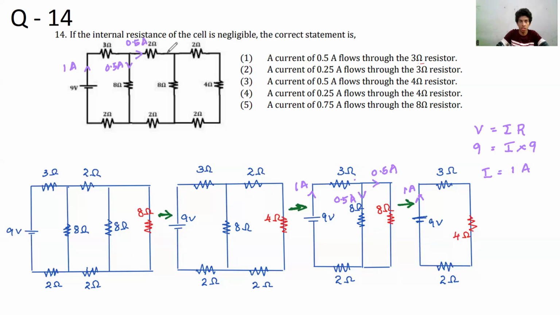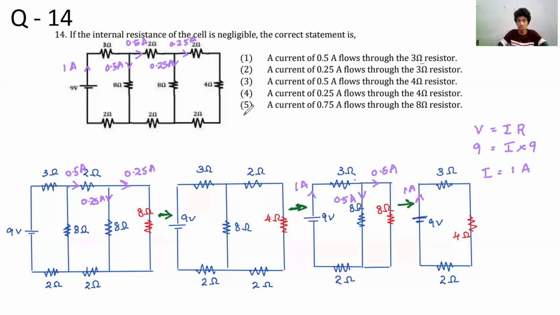Then again at this junction, the current is divided into 2. So this is 0.5 amperes. How does the current divide at this junction? Here also the resistance in both the paths are equal. Therefore, here also the current equally divides into 0.25 amperes and 0.25 amperes.